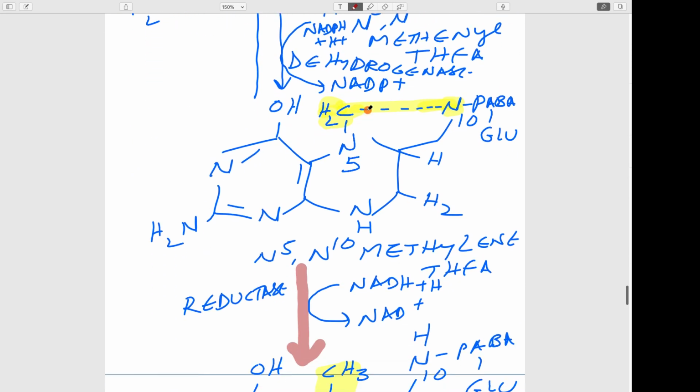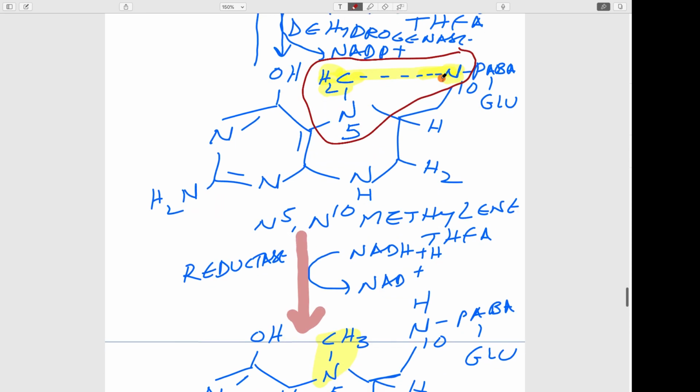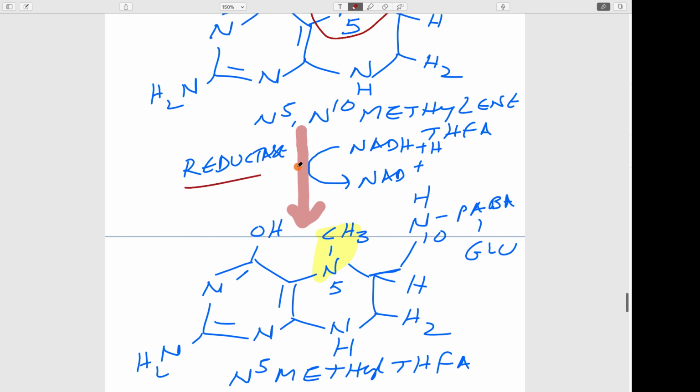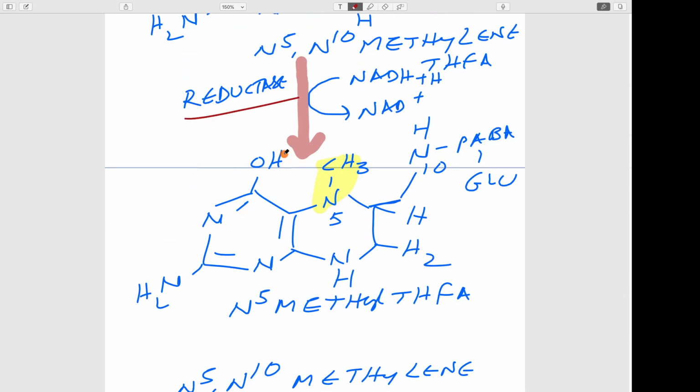By the action of dehydrogenase this leads to N5, N10 methylene THFA. Then this one, by reductase, is an irreversible reaction, where NADH is converted to NAD plus, leading to formation of N5-methyl THFA.